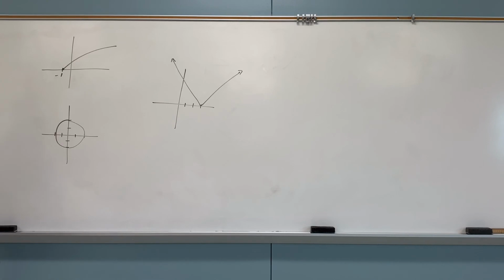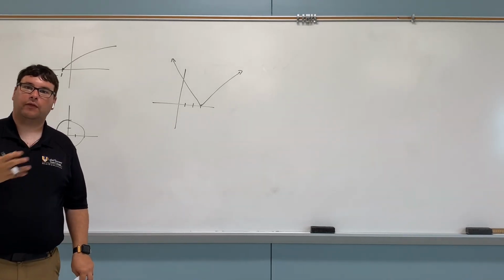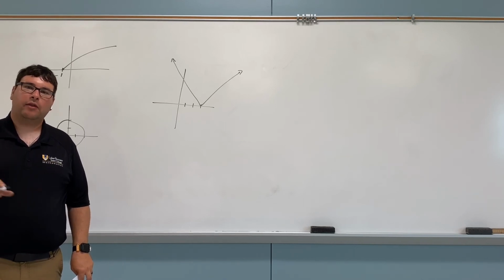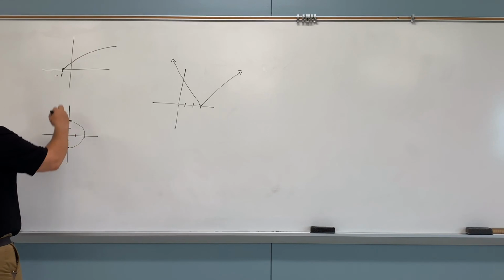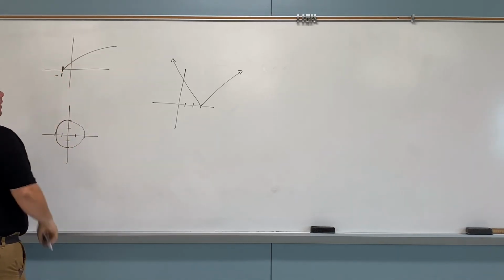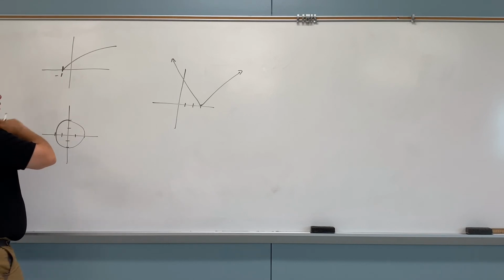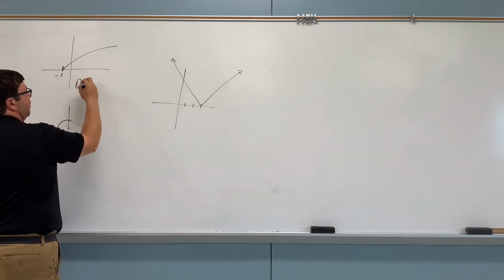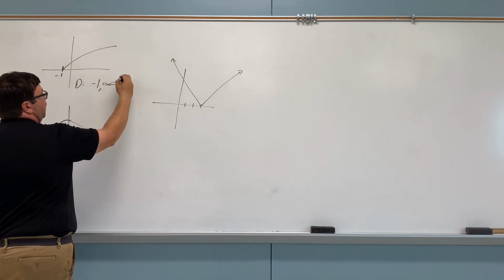So looking at my three visual examples, my three graphs, I need to determine the domain and the range. So domain visually is pretty easy. Look as far left and as far right as x can go, and look to see if there are any gaps that are noticeable. In this case, x starts right there. There's nothing on this side of -1. So that means my domain goes from -1 to infinity. It just keeps going this way.